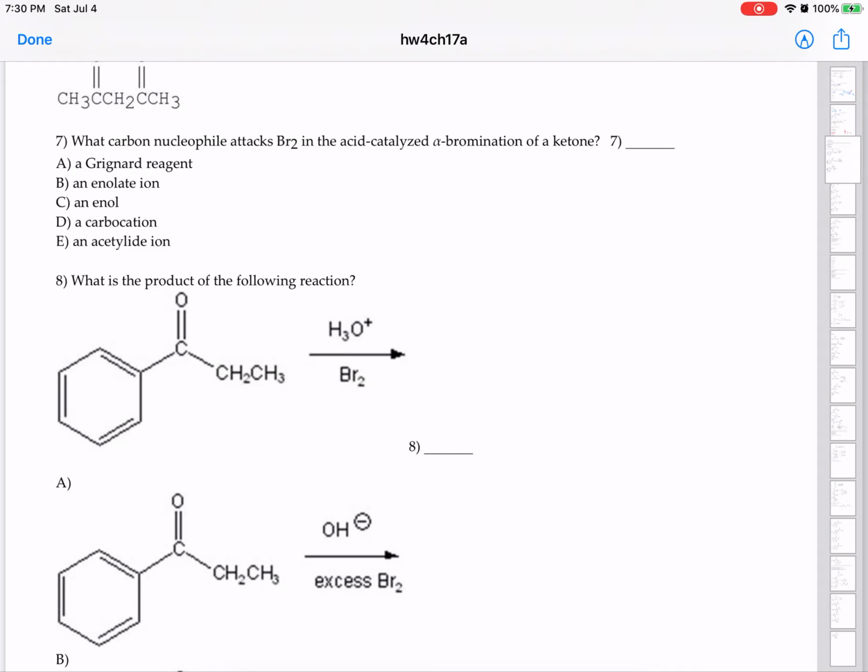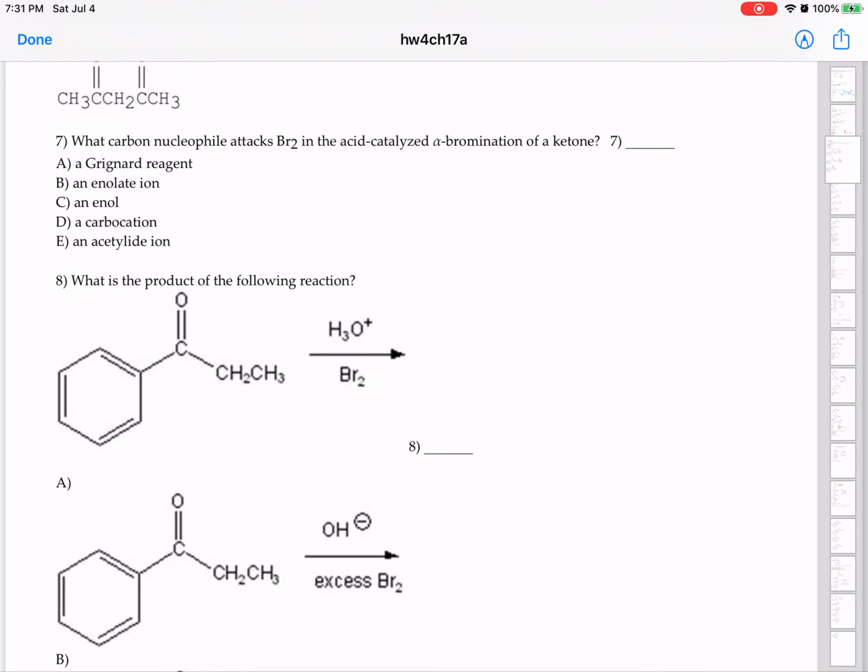Which slide, so then you can refer to the lecture slides. Look at the lectures. It's the formation of the enol from the ketone, and then you can see how it is being attacked.